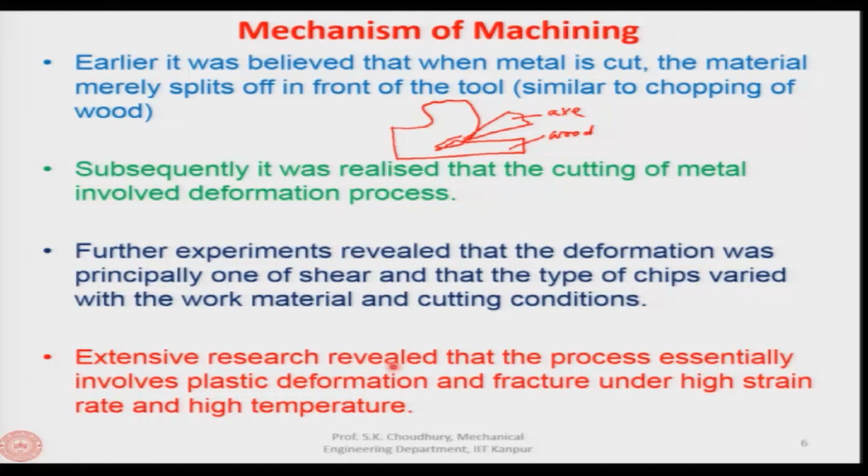Extensive research revealed that the process essentially involves plastic deformation and fracture under high strain rate and high temperature. So, this has been realized over hundreds of years that it is actually not the propagation of a crack like in wood chopping, but it is deformation, and the deformation is plastic deformation.